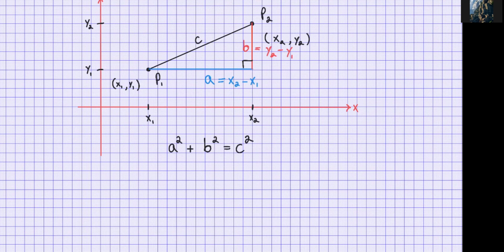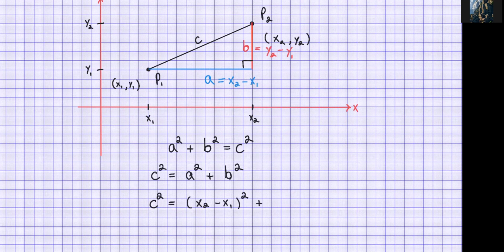So now I'm going to play a little bit with the Pythagorean theorem and this concept that I have right here. First, I isolate C squared, which will be A squared plus B squared. We said that A will be x2 minus x1, so I'm going to rewrite that: x2 minus x1 squared.